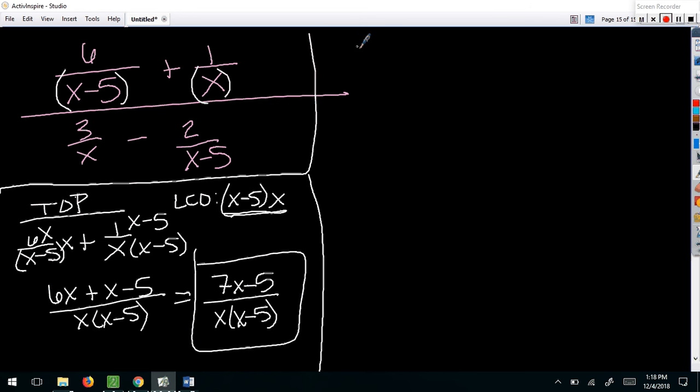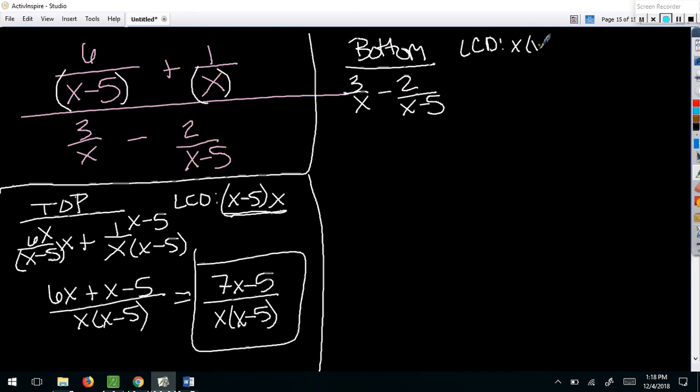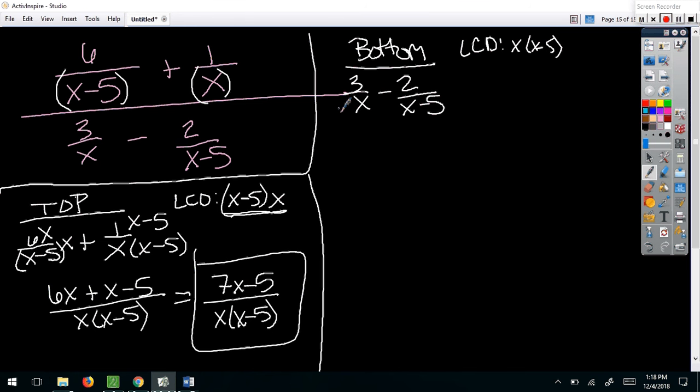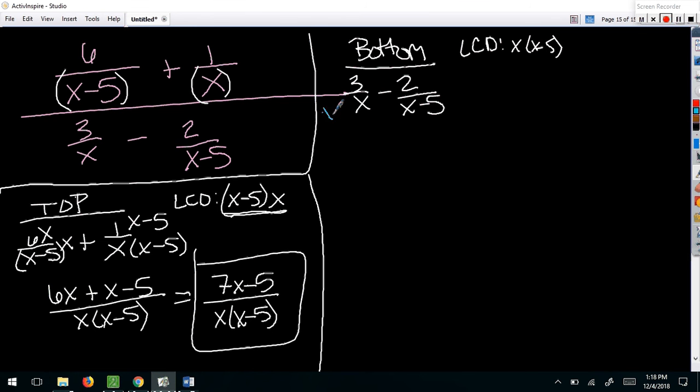Can we do the bottom now? No? Okay. All right, 3 over x. Oh, this looks familiar. Looks like the LCDs are the same. What's the LCD? x minus 5 times x. The first one needs what? x minus 5.